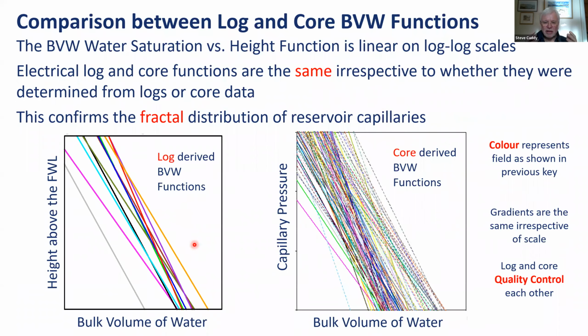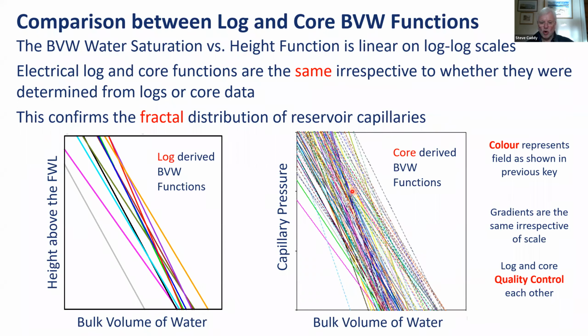Now, let us just compare the logs with the core. As we said, the BVW function is linear on log-log scales. So we've got BVW against height for the logs, and this represents the data from the free water level all the way to the top of the reservoir. On the right here, we've got the core data.